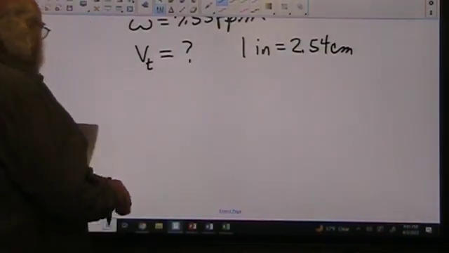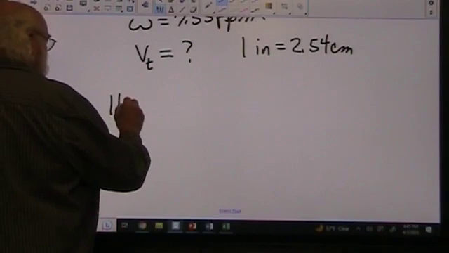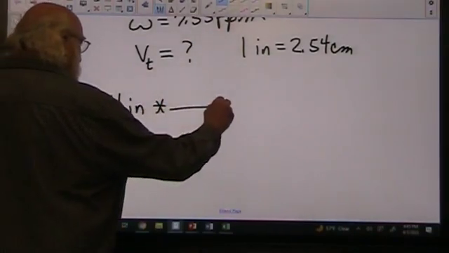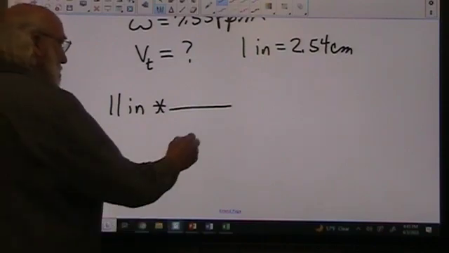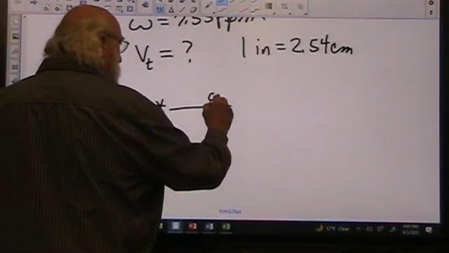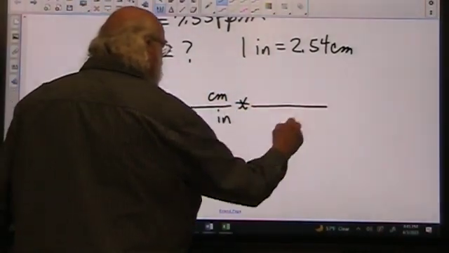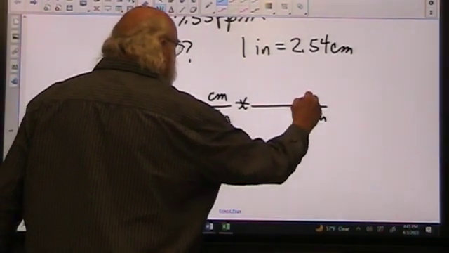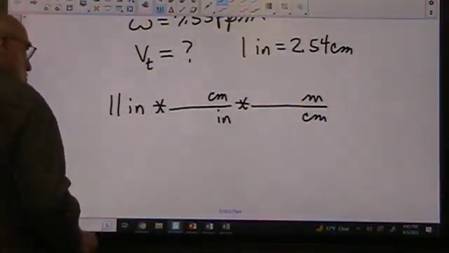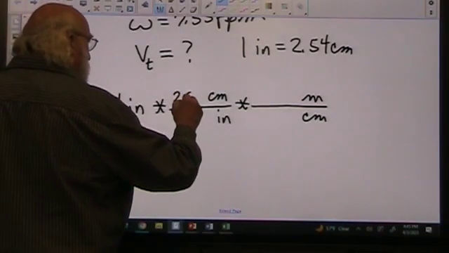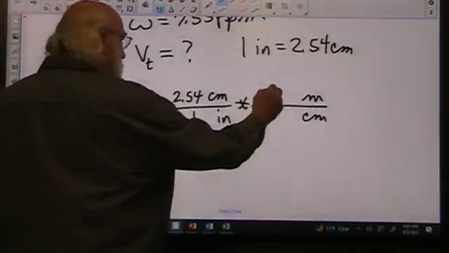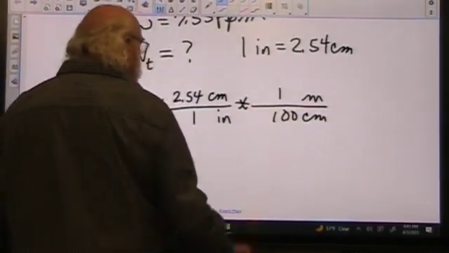So let's take a quick look at that. 11 inches times, and we're going to convert inches to centimeters, put inches on the bottom, centimeters on top, and then we're going to change centimeters to meters. And according to what we're given here, we know that 1 inch is equal to 2.54 centimeters, and 1 meter is equal to 100 centimeters.